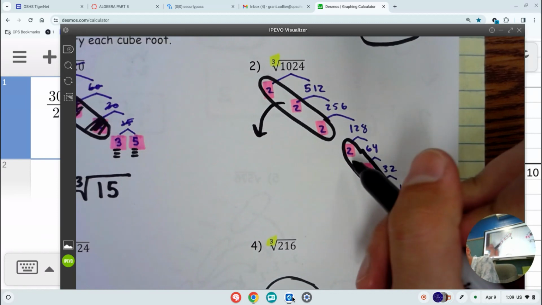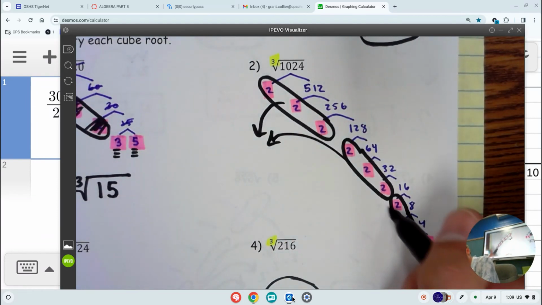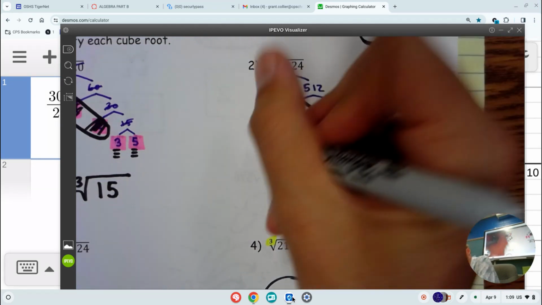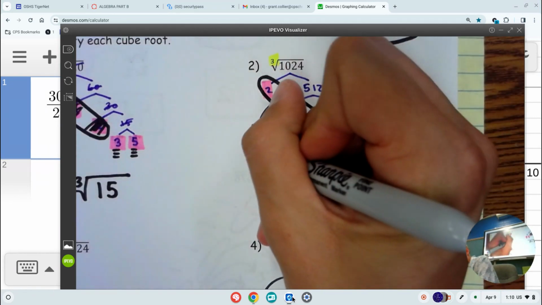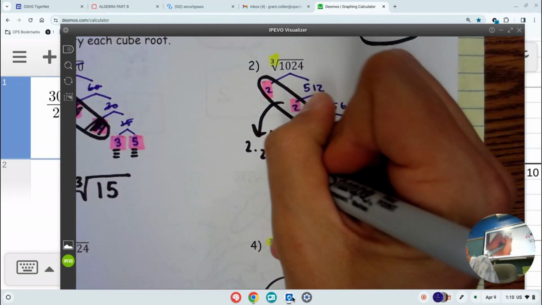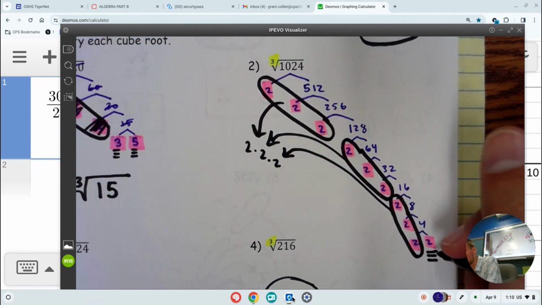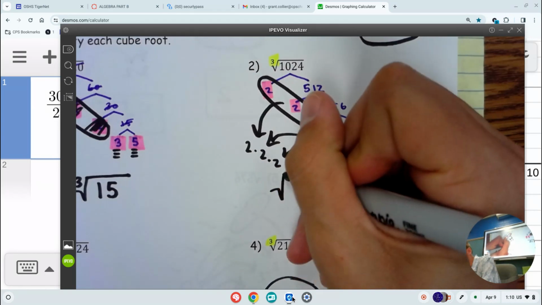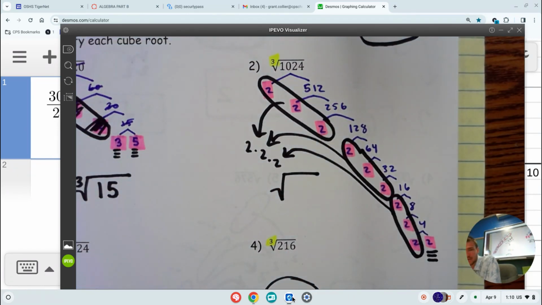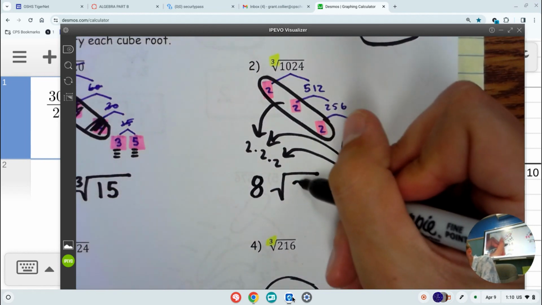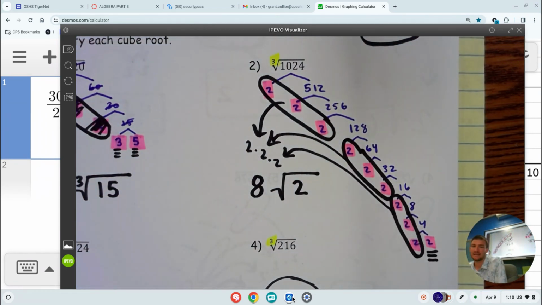Every circle puts out one number. So that's 3 circles, a circle 2, and a circle 2, and a circle 2. And then we have one leftover 2. So our answer is going to be an 8 on the outside and a 2 on the inside.